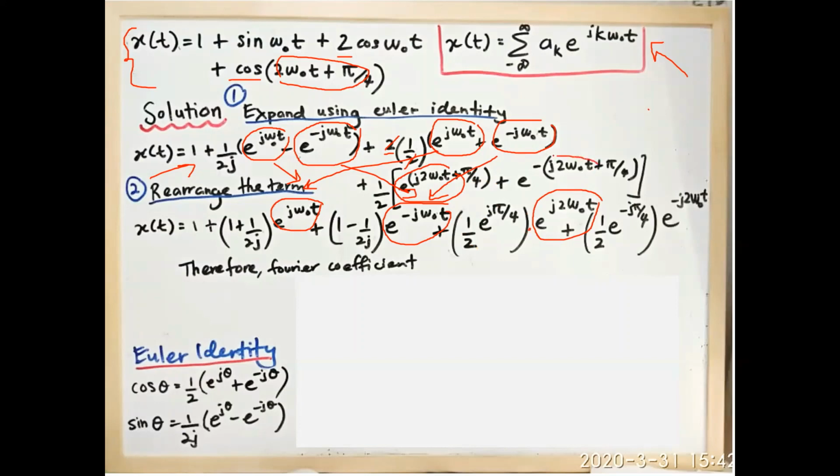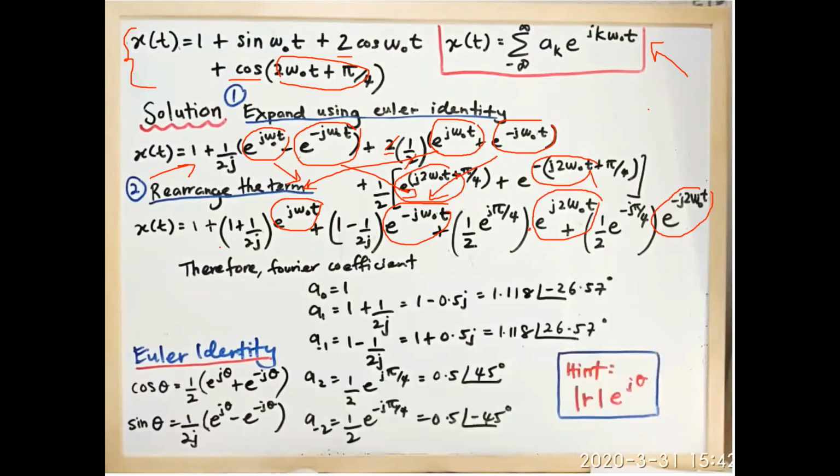Plus e^(-j2 omega t) here, so you have plus 1 over 2 e^(-j pi over 4). Okay, so therefore, from here you can actually write out what the Fourier coefficients are. So for the Fourier coefficient, this is the DC term at k equal to 0.